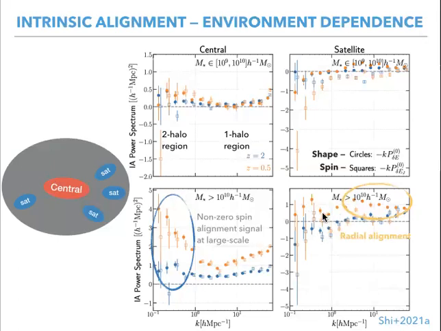Well, you can see this is only true for redshift 0.5. At large scales there is a signal, but at high redshift there is no clear signal. I think the satellites at higher redshift are not very well settled in the central, or the central is a newly accreted member.